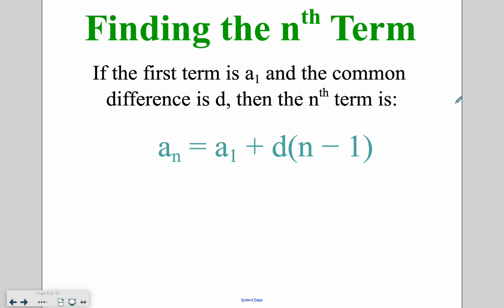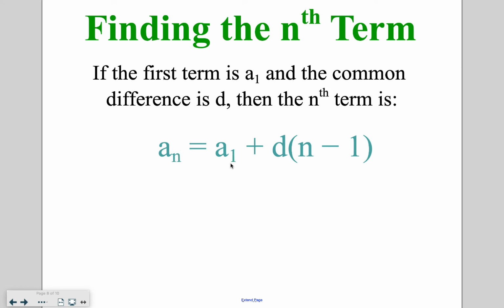Sometimes we want to be able to move beyond just the next 3 or 4 or 5 terms, and we want to find something much further along in the sequence. In order to do that, we can use the equation seen here. Within this equation, this AN stands for any number, so any number within the sequence.